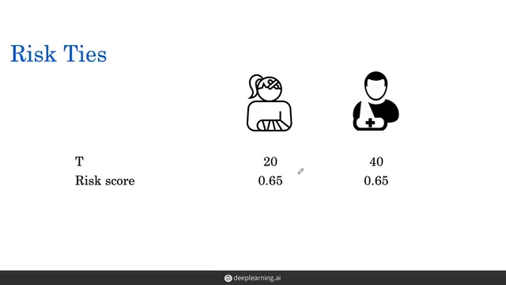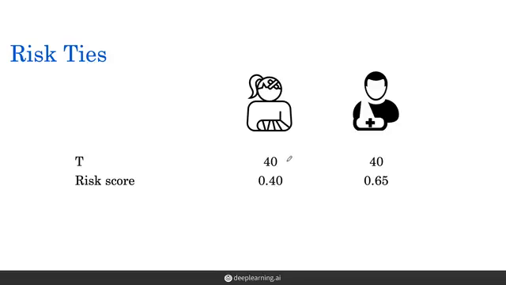Here's an example of a risk tie where we have two different times to events, but we have the same risk score. If we have the same risk score for two patients who had a different time to an event, this would be an example of a risk tie for those patients.